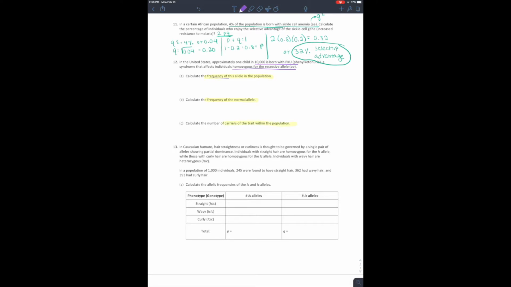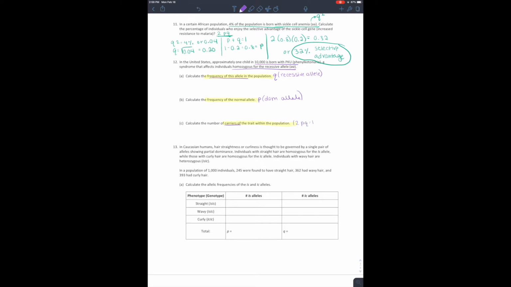So the frequency of the allele, we need to calculate the frequency of having that PKU. So we are finding Q. We're going to calculate the normal allele, that's P. So Q is our recessive allele. P is our dominant allele. And 2PQ will be our carrier, our heterozygous allele.